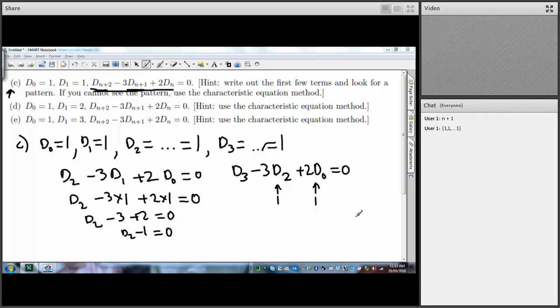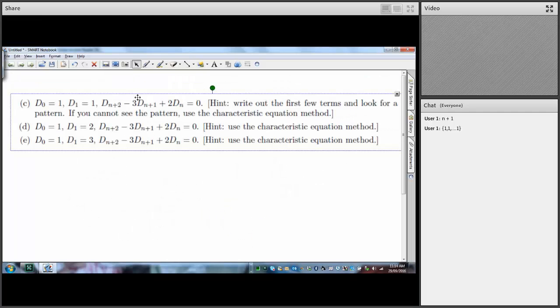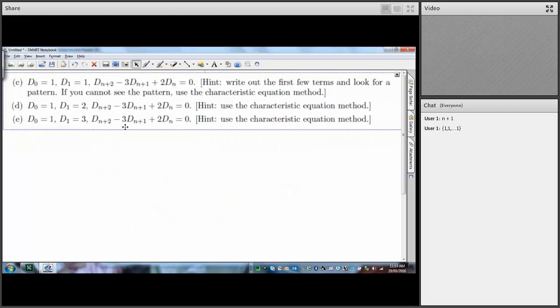And what do you reckon the pattern is in this case? So what's the general solution, I guess, is what I'm looking for? Yeah, that's right. The general solution we have for this is that D to the n is just equal to 1.